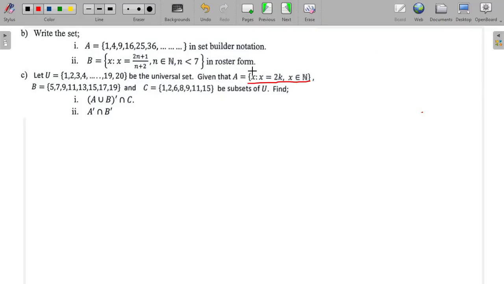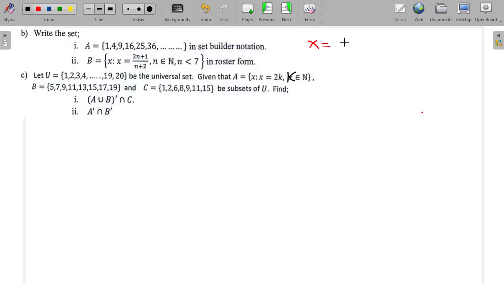So they're saying set A is the set of all x such that x is equal to 2k, where k is a member of the natural numbers. There must have been some typing error there, so this one here is supposed to be k. It's telling us that k is a natural number.